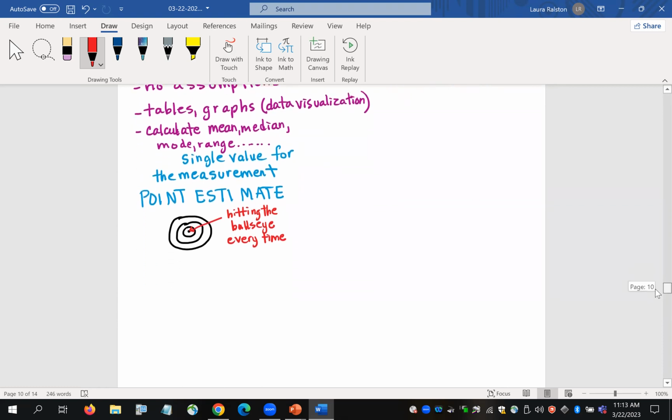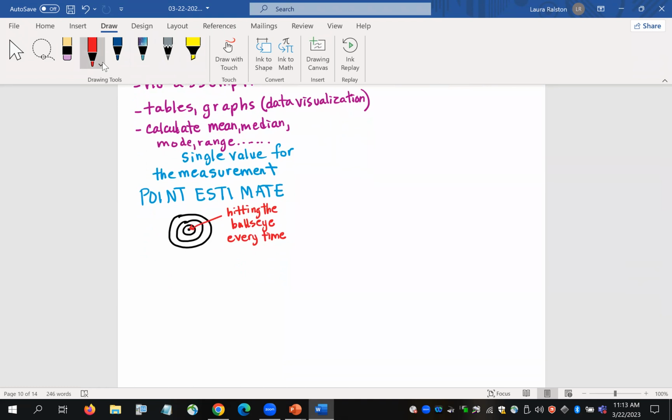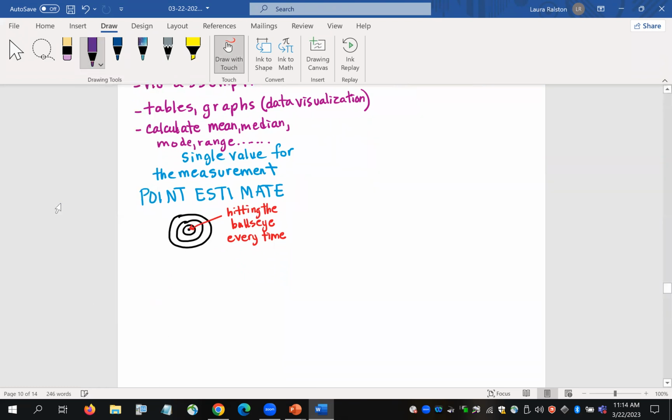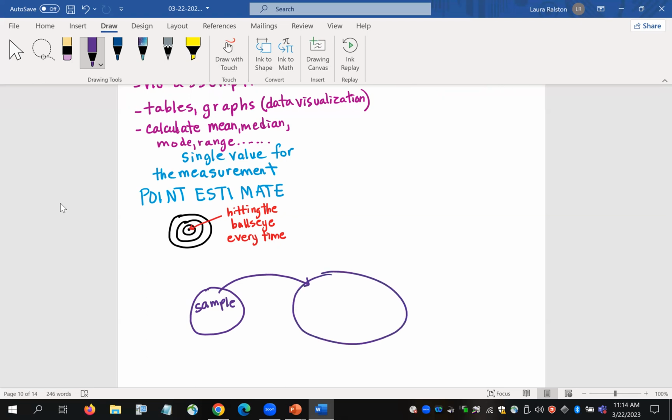Remember, ultimately, our goal when we're doing statistics is to take what we learn or what we know about a small group. We take our small group sample, remember, which is the group that we can get information from, we can learn about, but we have to take what we learn about that sample and apply it back to the population.